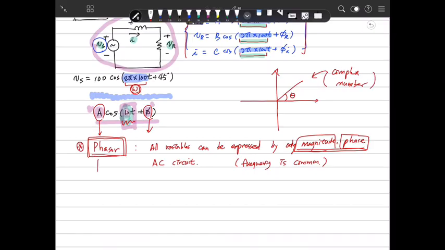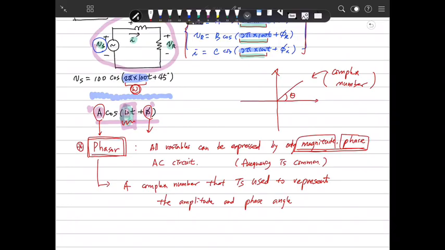So the definition of a phasor is a complex number that is used to represent the amplitude and phase angle of a sinusoid.